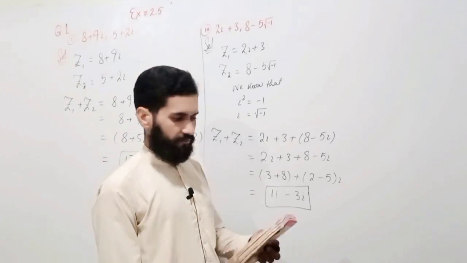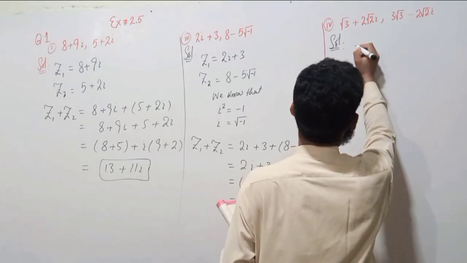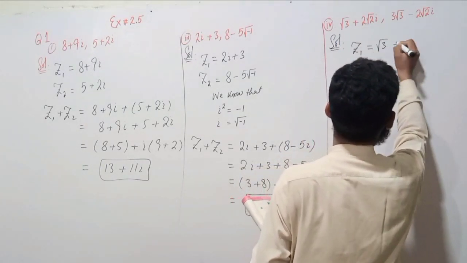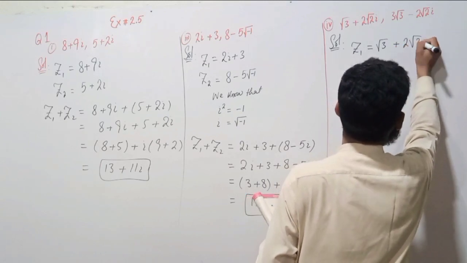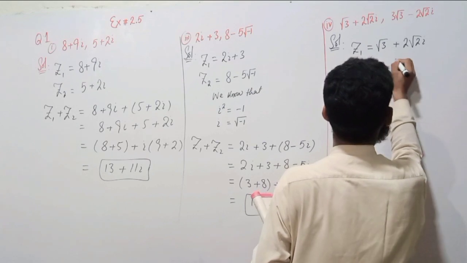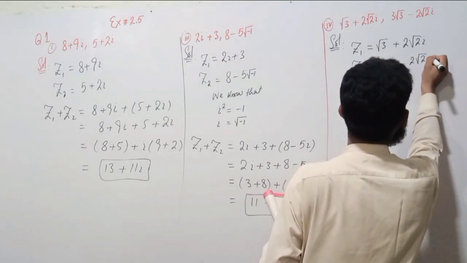Part 4. In the solution, first name z1 is equal to square root of 3 plus 2 square root of 2 iota, and z2 is equal to 3 square root of 3 minus 2 square root of 2 iota.